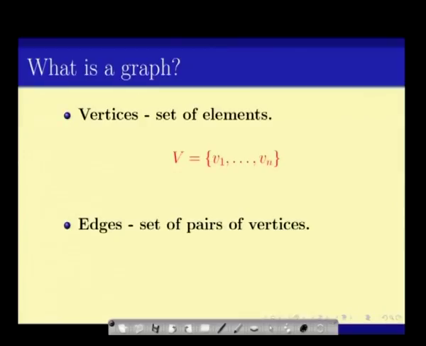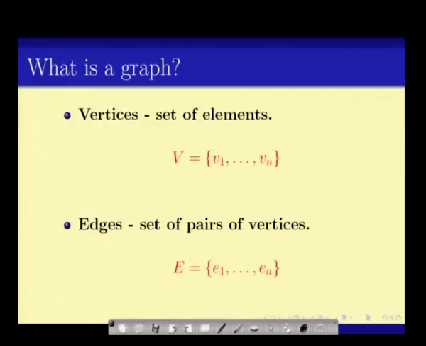Edges are pairs of vertices. We say that a vertex vi and a vertex vj are related to each other if there exists an edge between them, or in other words, if (vi, vj) is in the edge set. So usually we denote edges as a set of pairs.